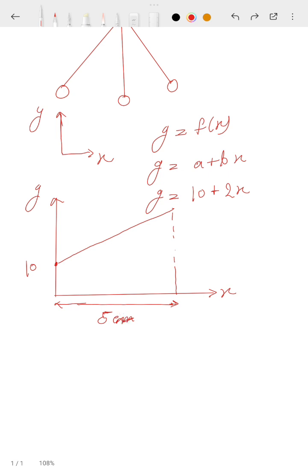Okay, so at this moment gravity will be 10 plus, we have to make it more because it will be very less, 200 into 0.05 meter.